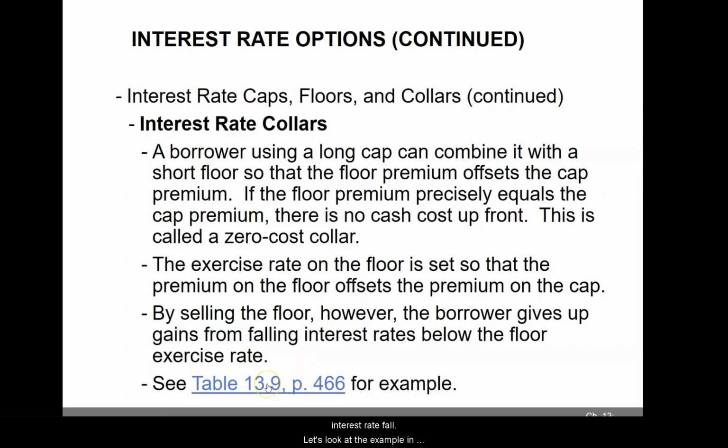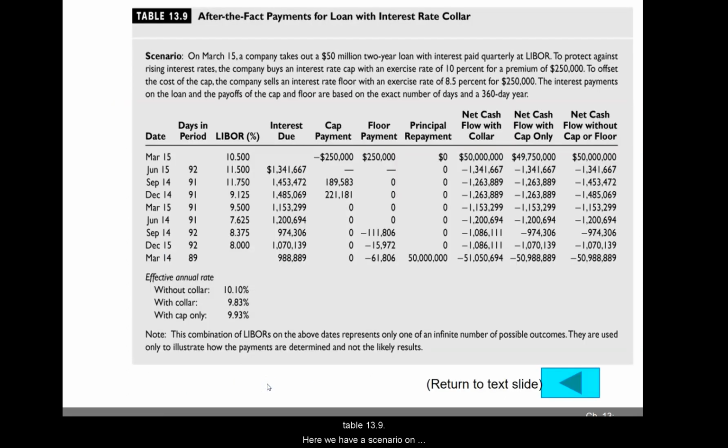Let's look at the example in table 13.9. Here we have a scenario. On March 15, a company is considering to take out a 50 million 2-year loan with interest to be paid quarterly at LIBOR. Now, to protect against rising interest rate, the company is buying interest rate cap that has an exercise rate of 10% for a premium of $250,000.